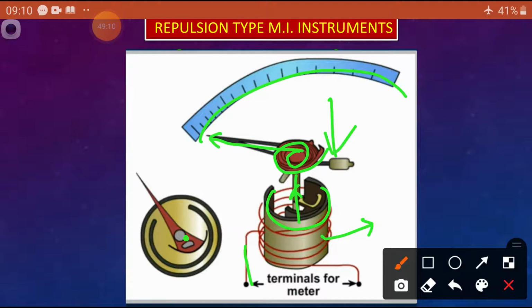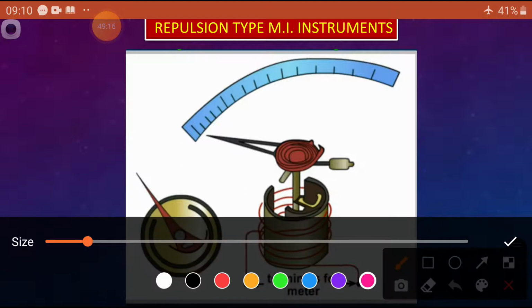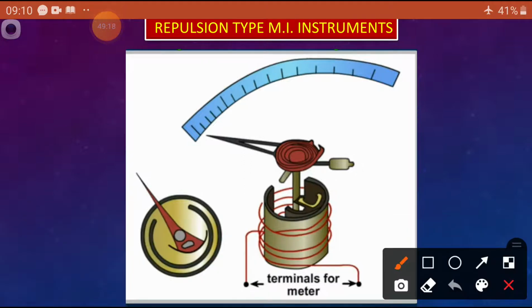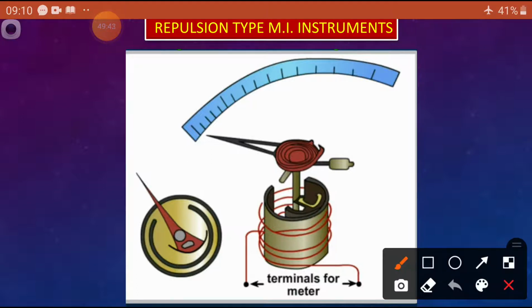Now what is the difference here? Observe it. The outer side is the coil, on which a winding is wound, and in the center is the spindle. One iron piece is attached to the spindle, and the spindle is connected to the pointer.